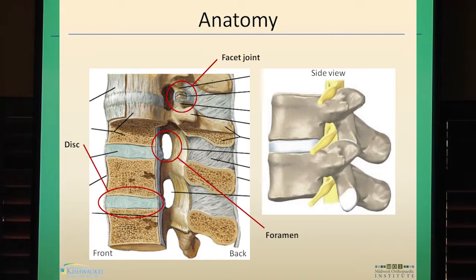The discs themselves are not actually joints in the traditional sense, but they certainly go through degeneration that's conceptually similar to arthritis. And this is the positioning of the nerves within the foramen and how they are positioned relative to the disc and the facet, which is relevant for when patients suffer from arthritis here or disc bulges here.